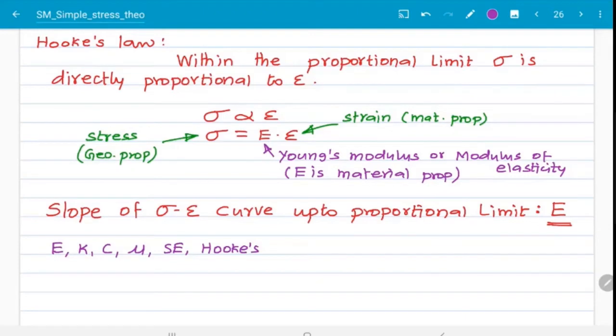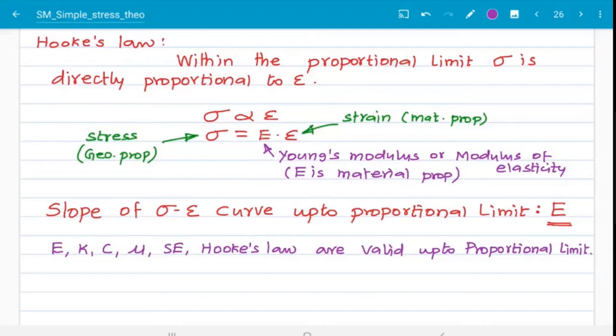There is an interview question I will discuss later related to your doubt. These are valid up to the proportional limit. Right.